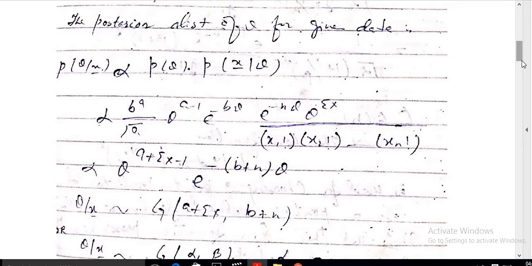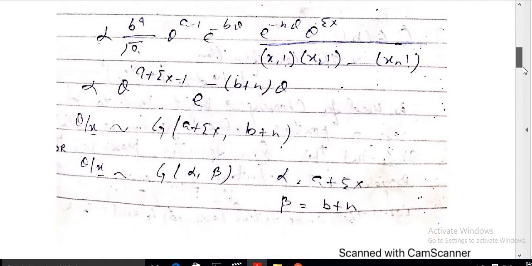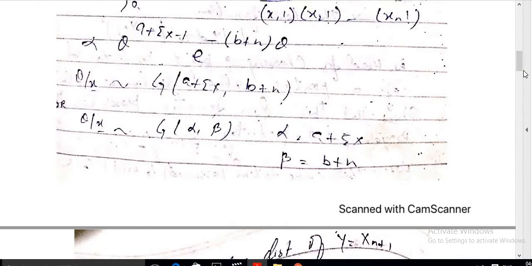After dropping the constant values, this is proportional to theta raised to the power a plus sum of x minus 1, e raised to the power minus b plus n into theta, which is a gamma distribution with parameters a plus sum of x and b plus n, where alpha is equal to a plus sum of x and beta is equal to b plus n. So theta given x is proportional to gamma alpha beta.